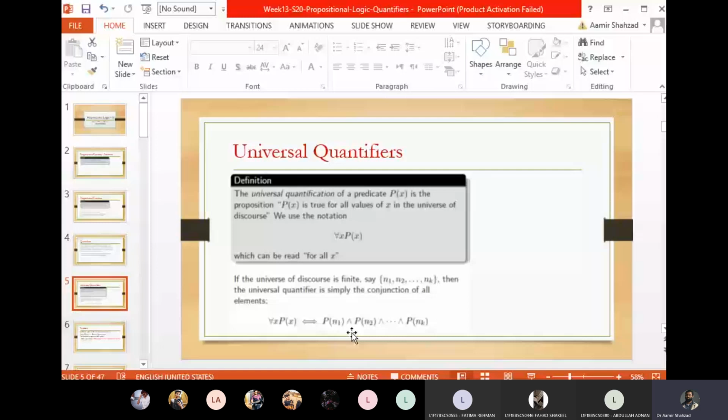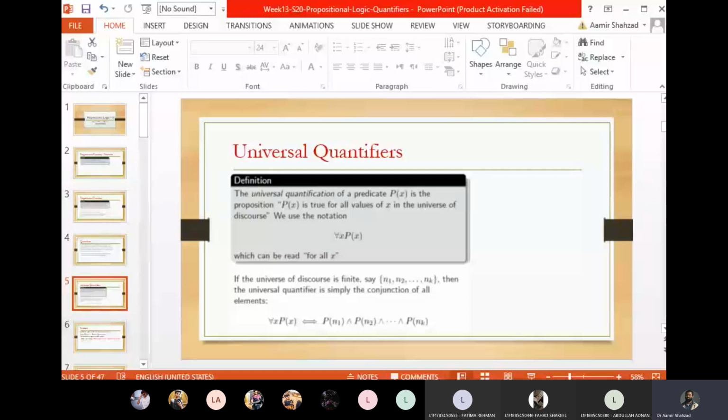अगर हमारे पास ढेर सारे variables हैं n1 n2 n3 nk, so it is going to be 1, and operation is going to be 1 when it is true for each and every value. So if p of n1 is true, p of n2 is also true, p of n3 is also true, and p of nk is also true, their conjunction, their and operator is going to be true.